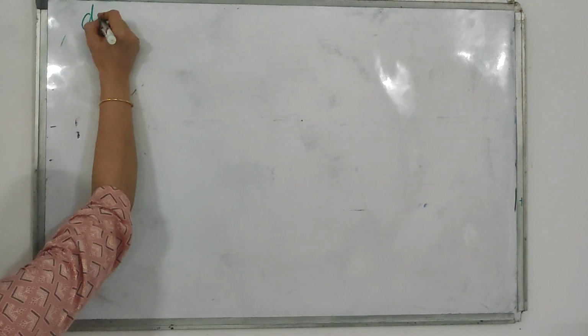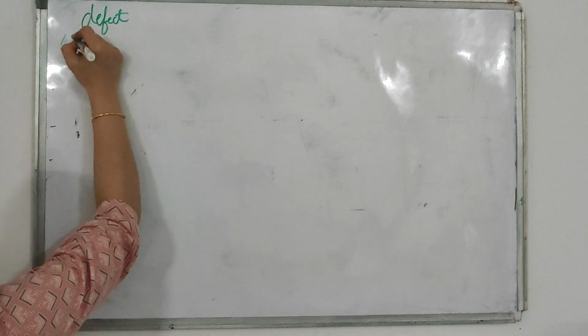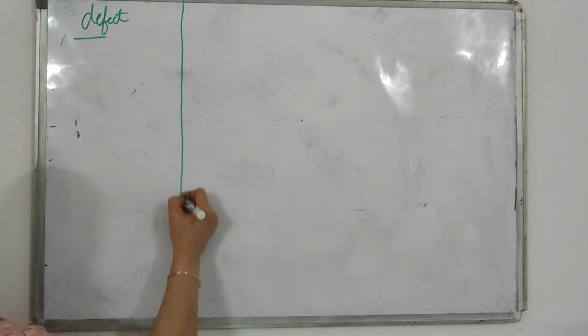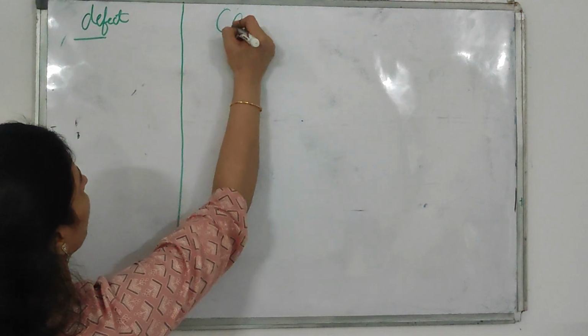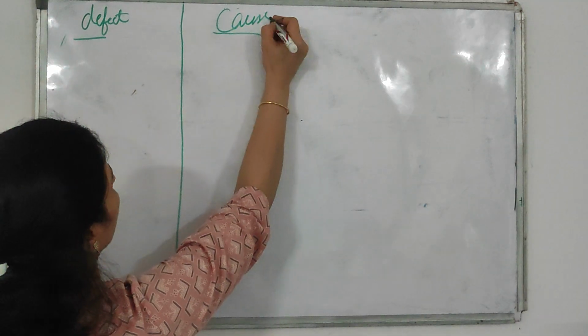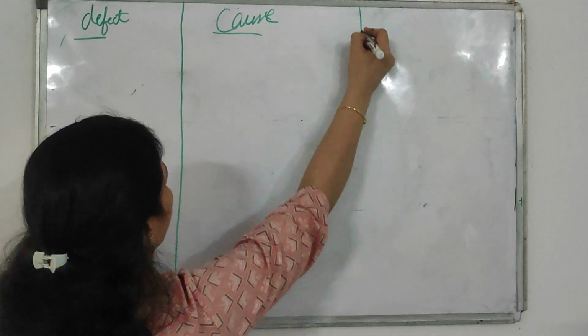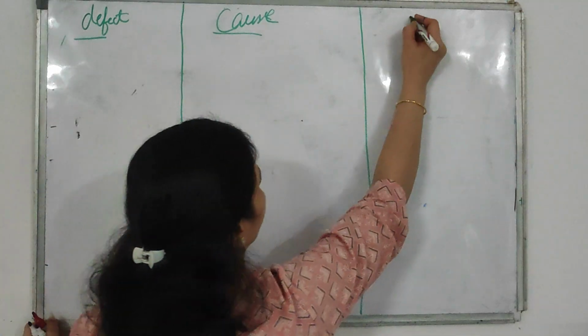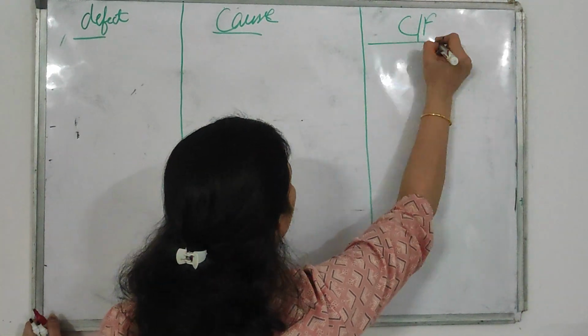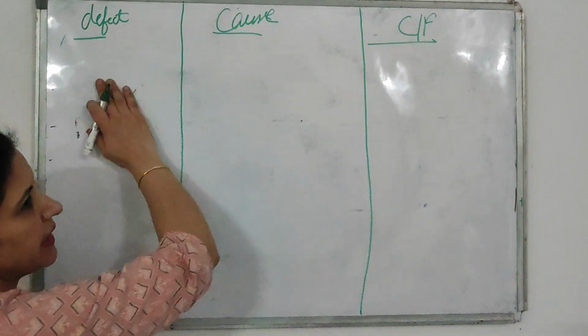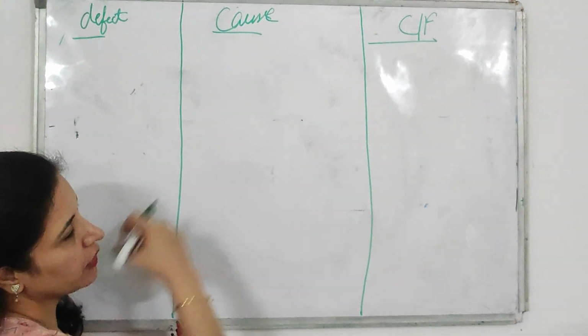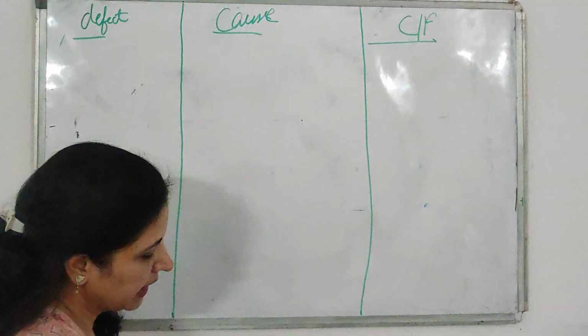First you will write the defect, then the cause. What is the cause of that defect? And then your clinical features. What is the name of the defect of that OXPHOS disease? What are the causes and what are the clinical features?